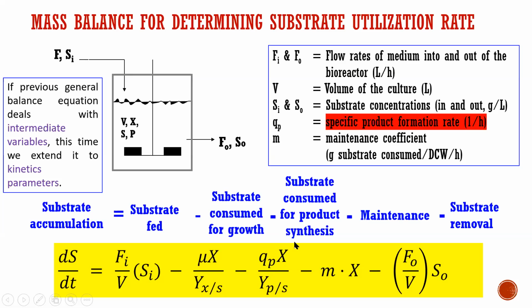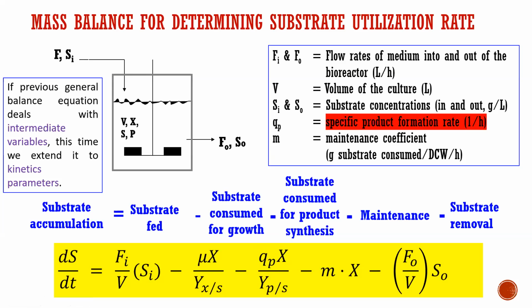For product synthesis, you have a new one, QP, all right? So why is it so? Product synthesis dP over dt is equal to QP X, right? Why X? If we talk about growth rate, dX over dt, it is equal to mu X. But for rate of product formation, it's going to be some constant multiplied by X. Why X?